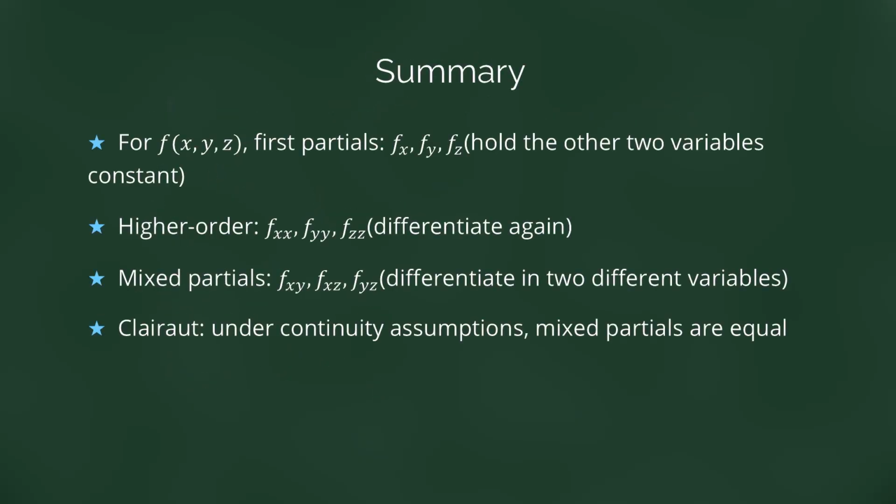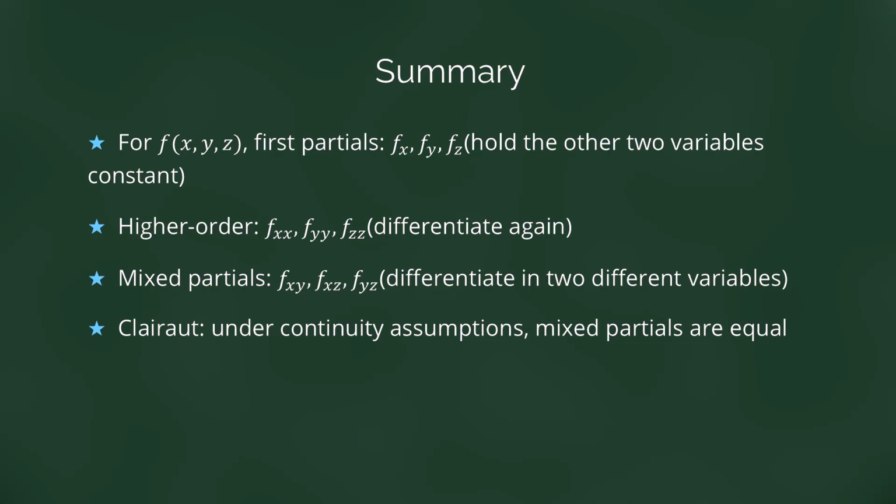So what we've seen here is that we can take first partial derivatives for functions of many, many variables. We're just going to hold all of the variables constant except for the one we're differentiating with respect to. We can also take higher order derivatives because a partial derivative is itself a function, which means it has a derivative.